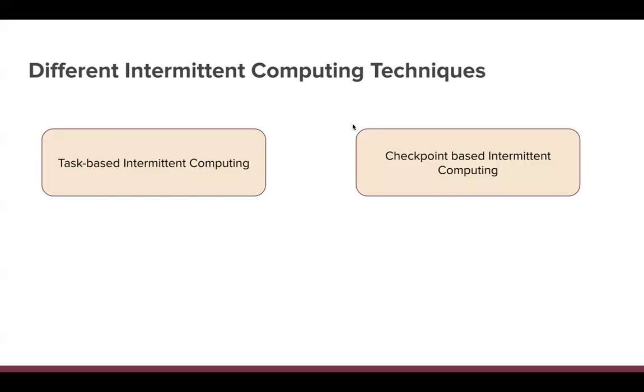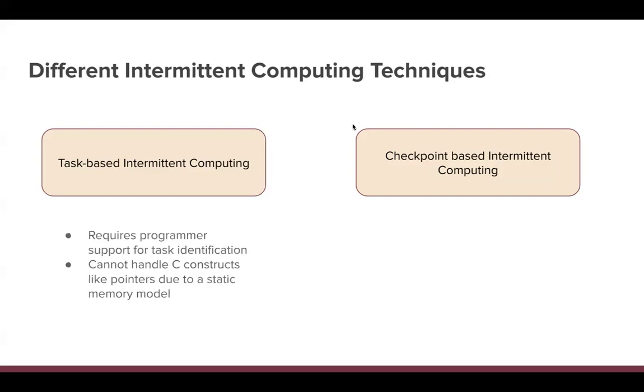Now, if we look at some of the limitations of this work, in terms of task-based intermittent computing, the nature of this technique requires that the programmers themselves create small tasks out of the big program that exists, that intermittent computing has to achieve in every energy cycle.